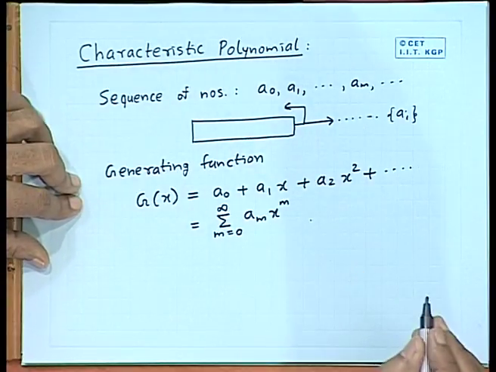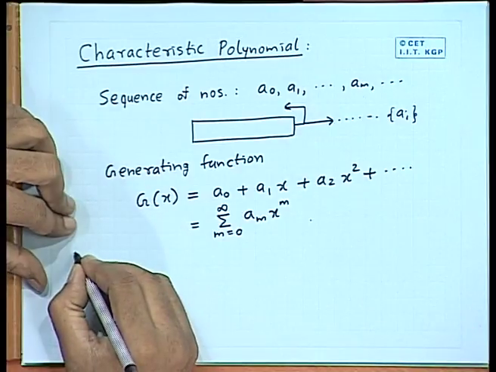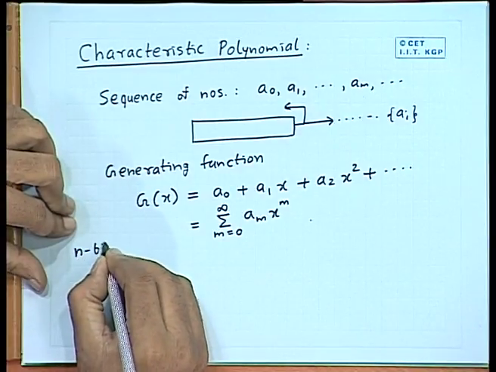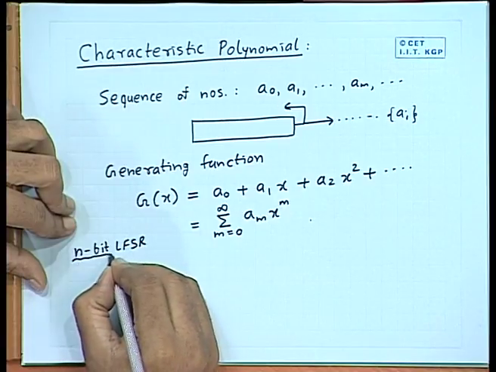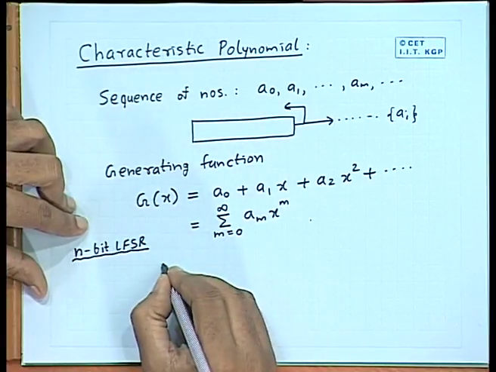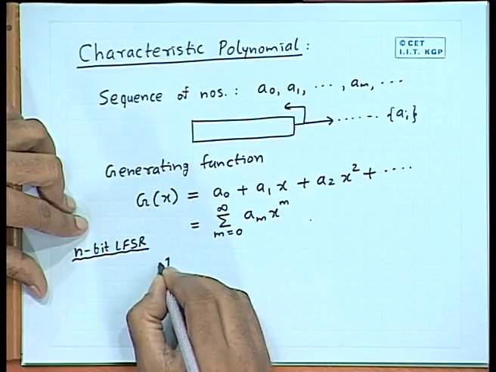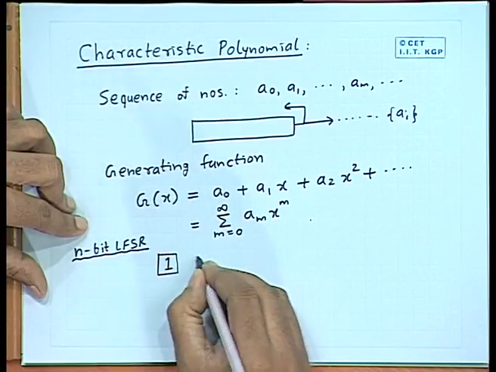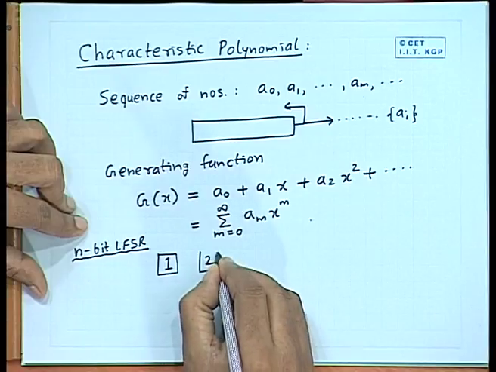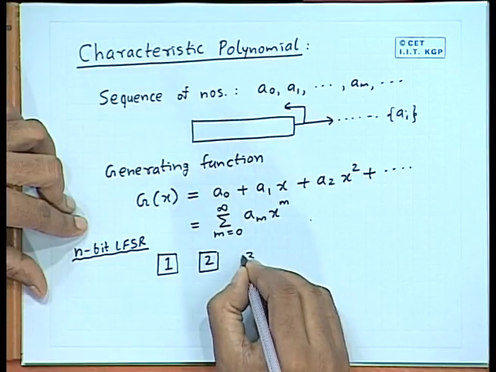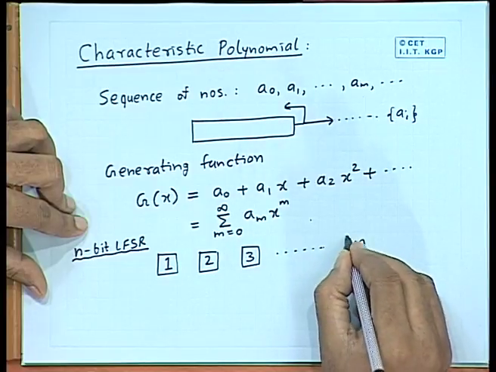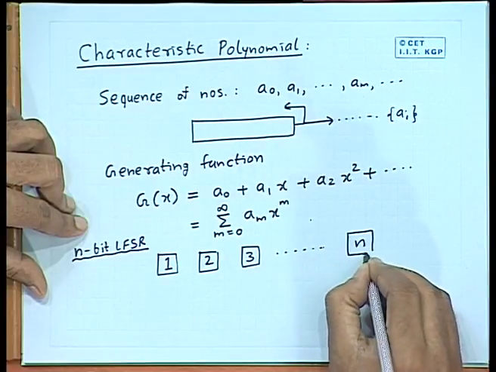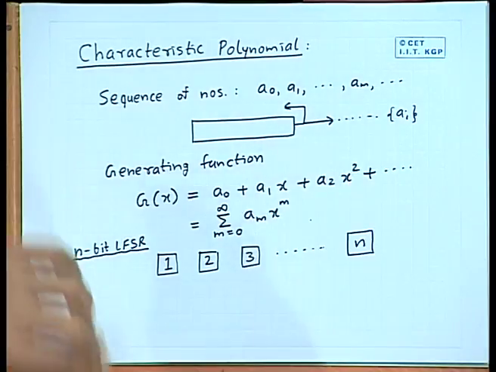Now, suppose we have an n bit LFSR. So, let us say these are the corresponding flip flops 1, 2, 3 up to n. Now A0, A1 are the bit patterns.